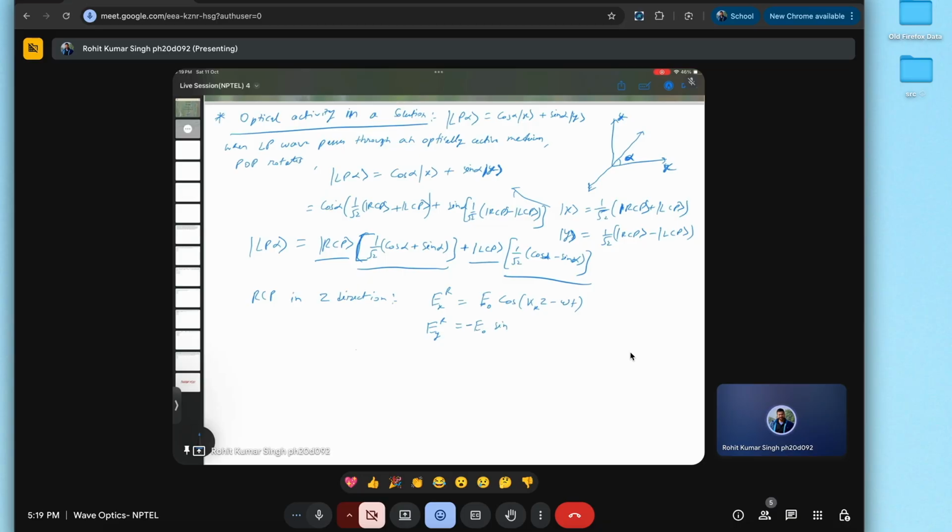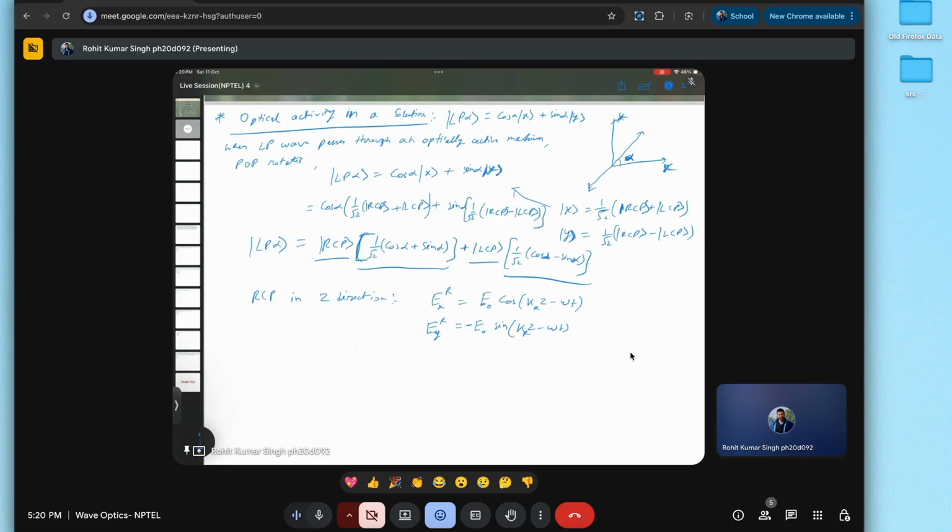Sorry, there will be a minus sign, if you remember. For a right circularly polarized wave, this is how the electric field components are represented. You can see if you square them, you will get the equation of a circle.